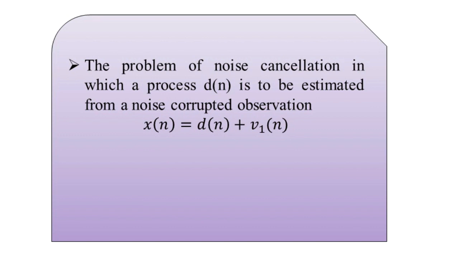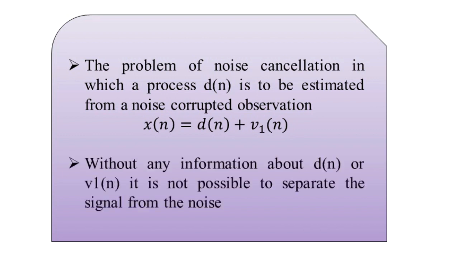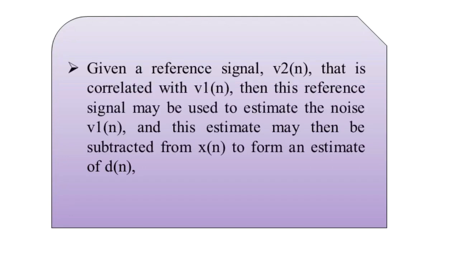That time the reference signal v2 of n may be utilized to estimate the noise v1 of n, and this estimate will be subtracted from the practical signal x of n, so that we form the estimate of the desired signal. The estimate of the desired signal is denoted by d cap of n, and it equals x of n minus the estimate v1 cap of n.